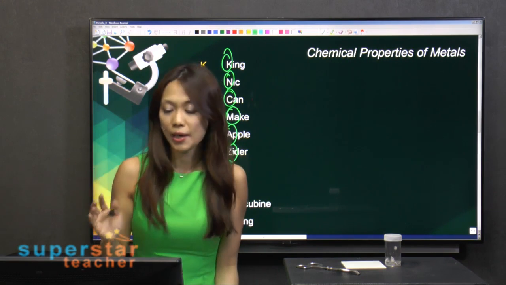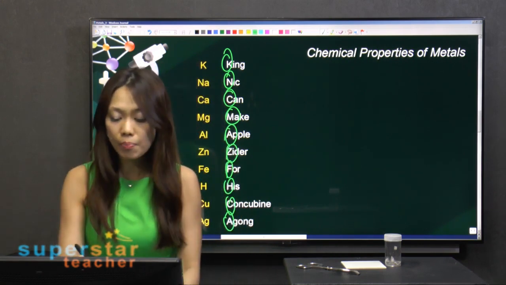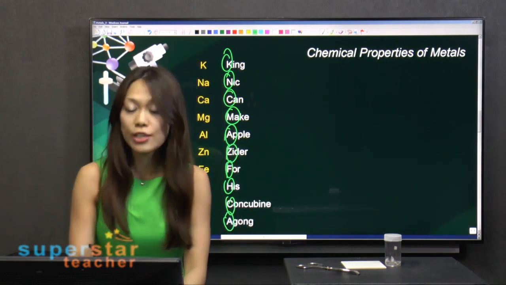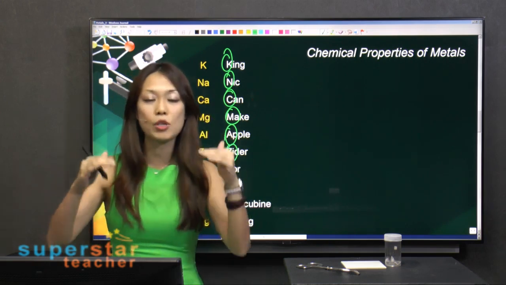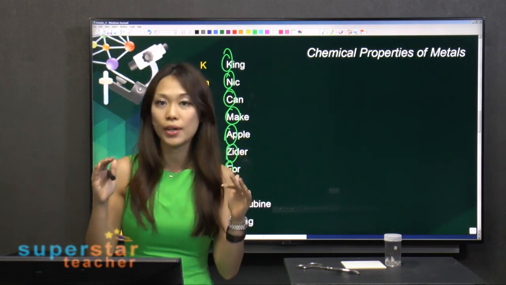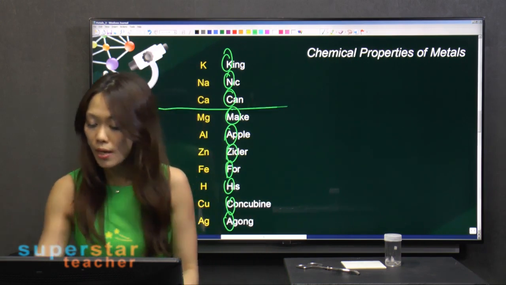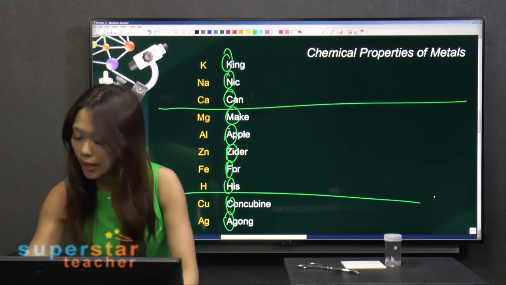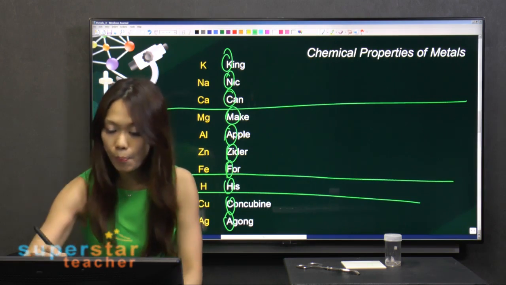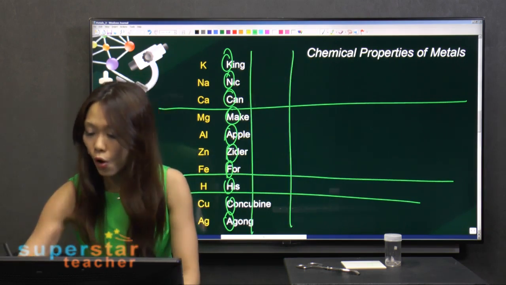What other things? Another very important thing that you must know is to learn how to separate them into rows and columns. So, take a look at this. First three, draw a line. Hydrogen here, you will separate them, and then there will be 4 columns.